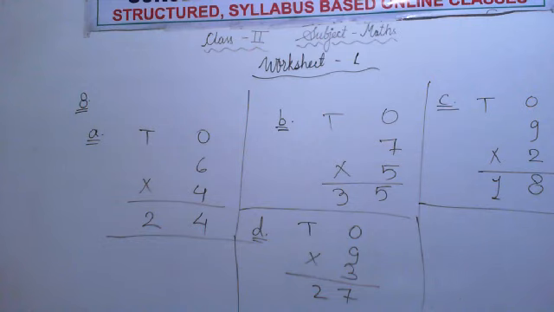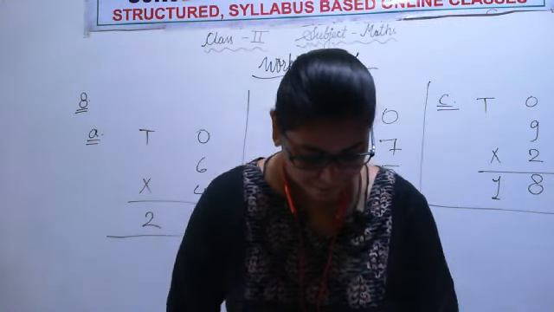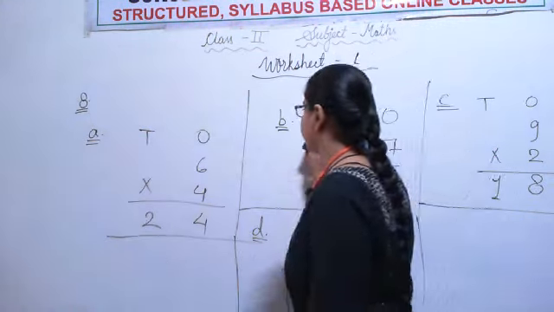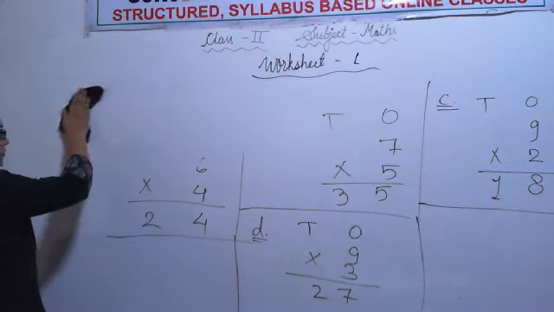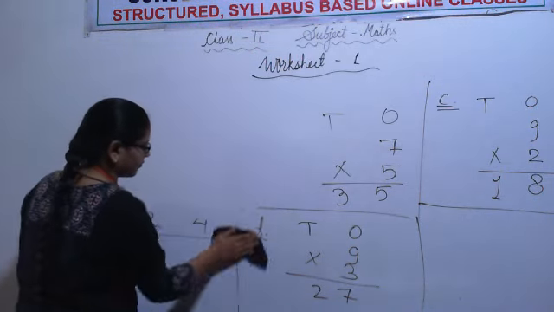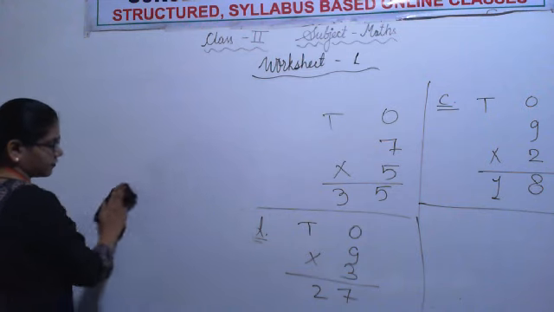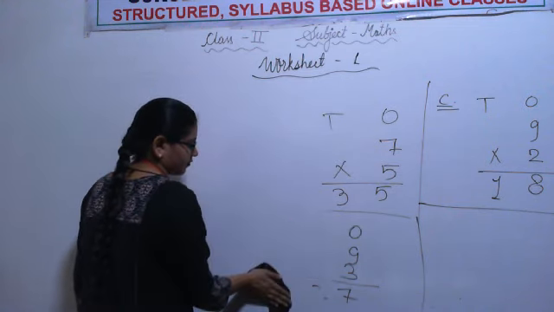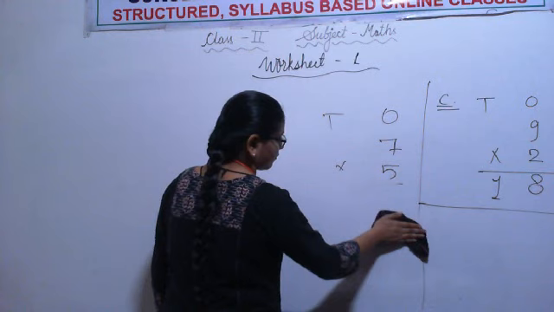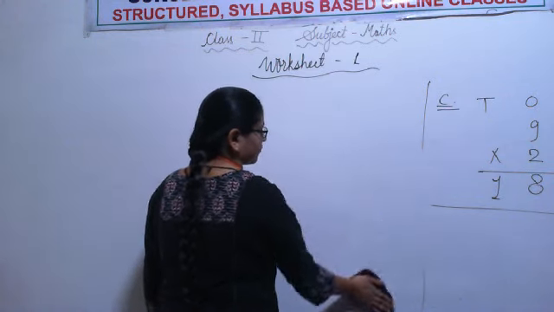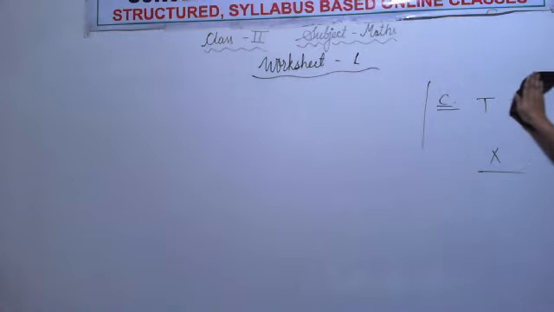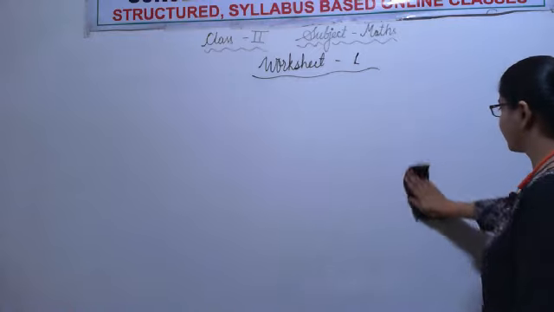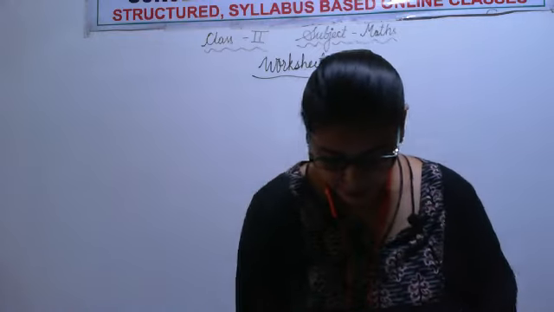Okay, so the next question is question number 9. Multiply using number line.